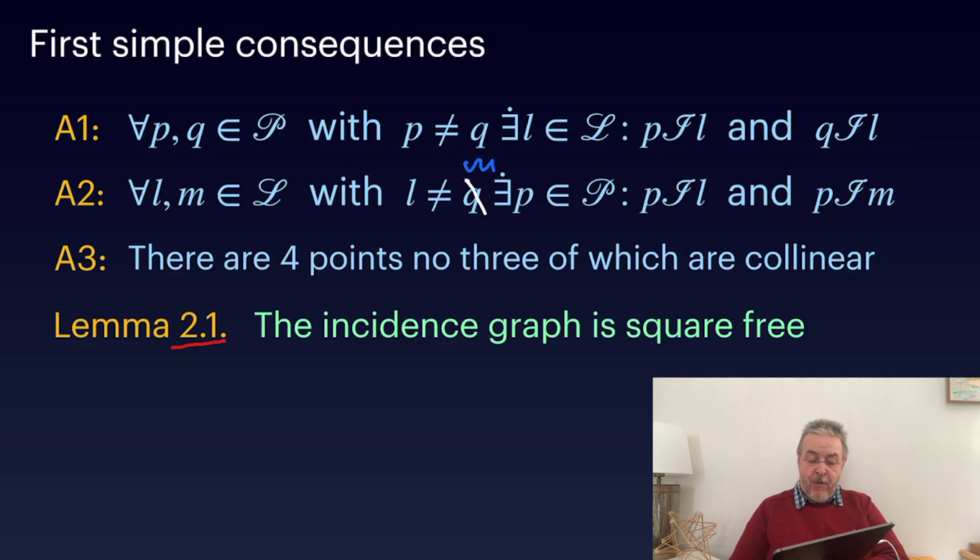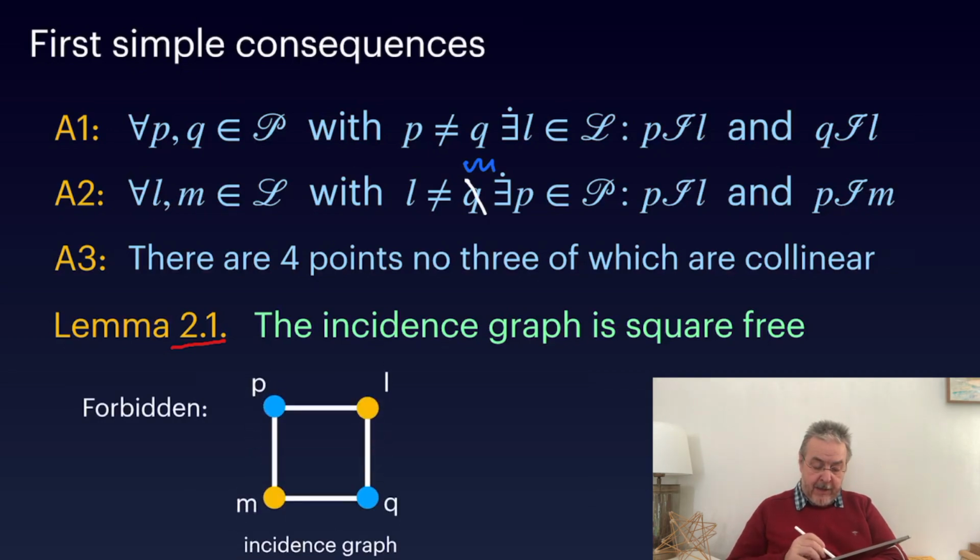One way to state this is that the incidence graph is square free. So you remember the incidence graph was a graph where the points are represented by nodes in the graph and the lines are also represented by nodes in the graph.